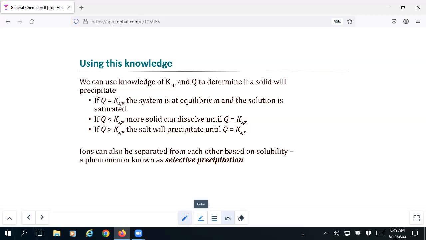We're going to see the addition of more dissolving until we get to that K value. If Q is bigger, we're going to see precipitation until Q and K equal out again. And selective precipitation is going to be the means by which we utilize this.